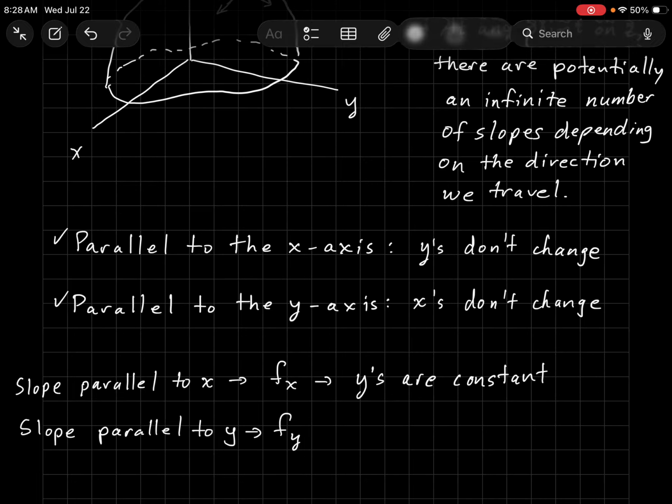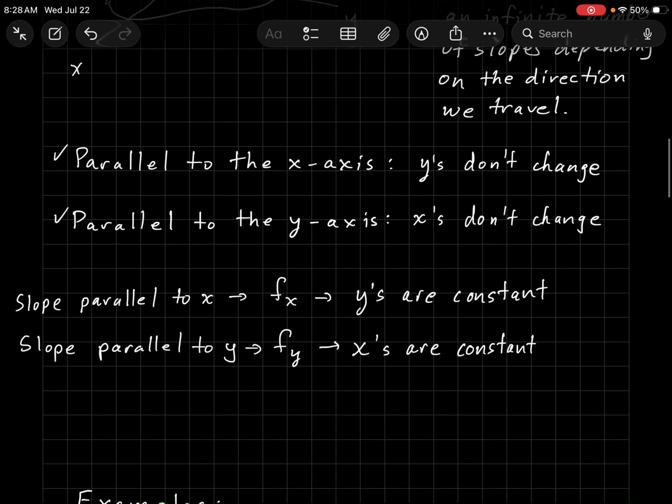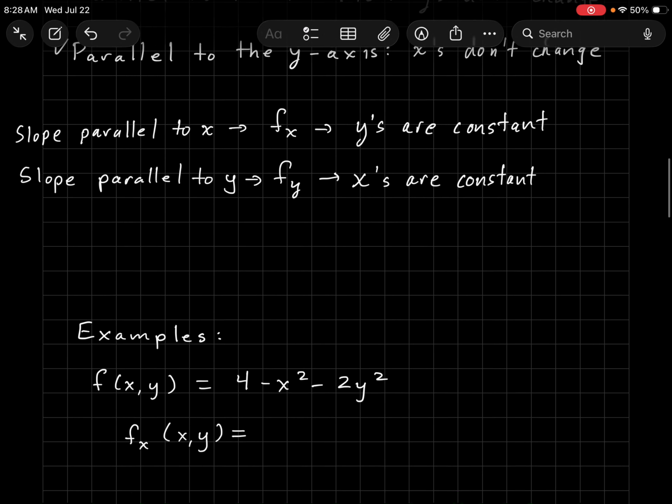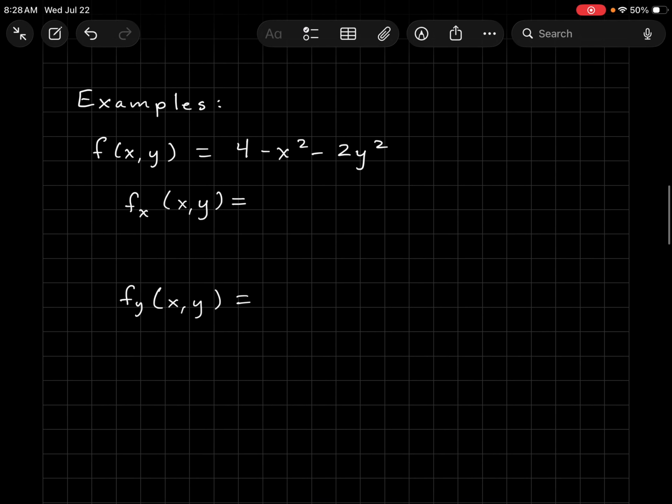And if we're going down something parallel to the y-axis, we want to find the slope, which we're going to call f subscript y, or the partial with respect to y. The x's don't change, which means the x's are constant. So in practice, partial derivatives are very simple to find. Let's do some examples to understand them.